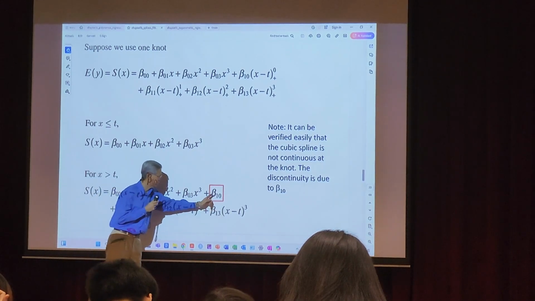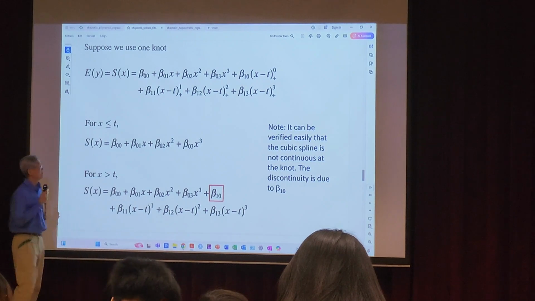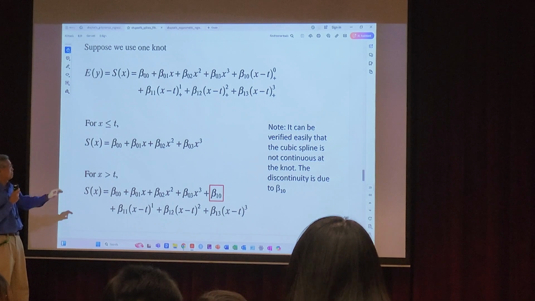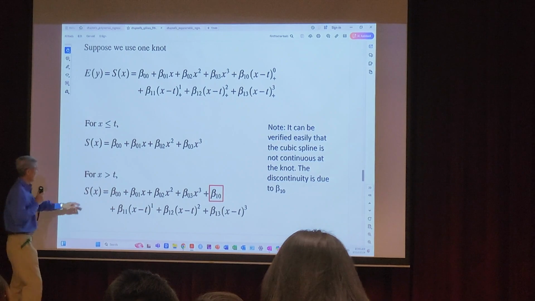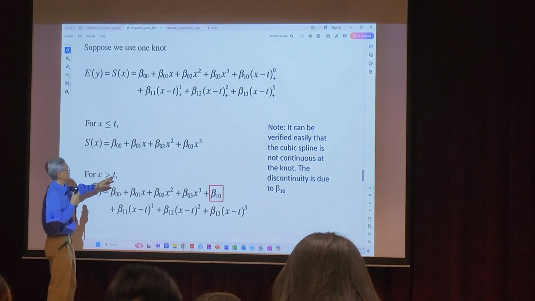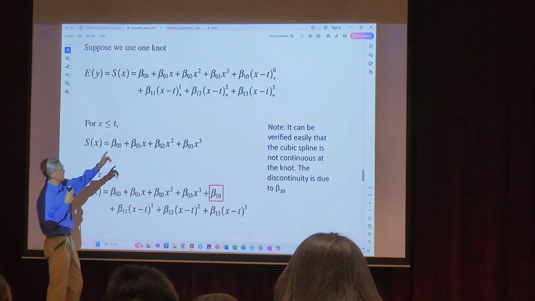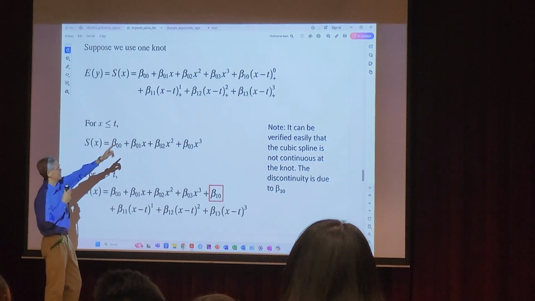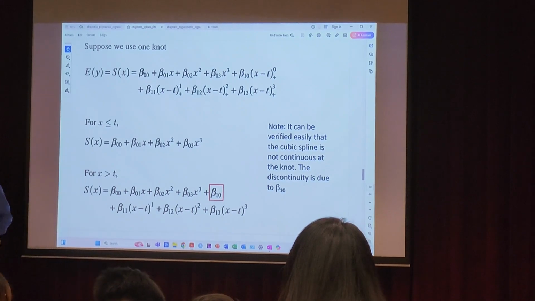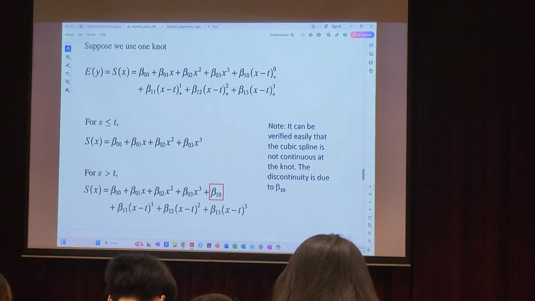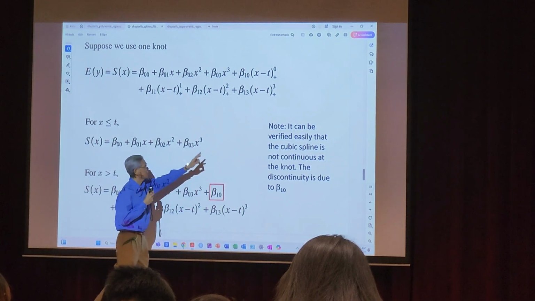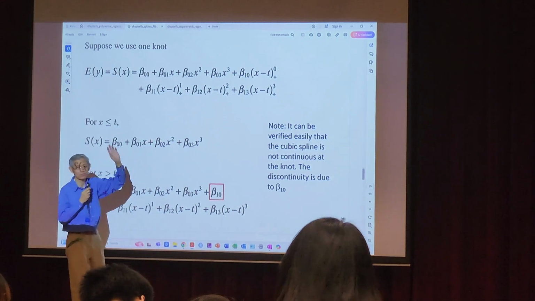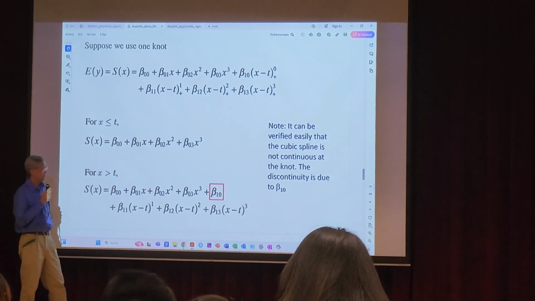And what is beta 10? What is x minus t to the power 0? Now if x is greater than t, then x minus t to the power of 0 is 1. So there's a beta 10 there because x minus t to the power of 0 is 1.